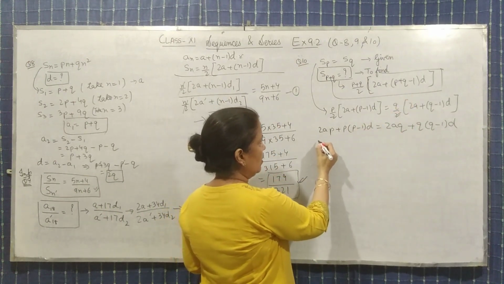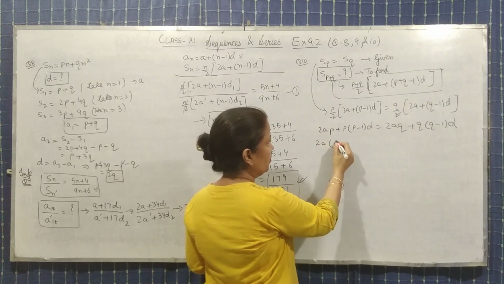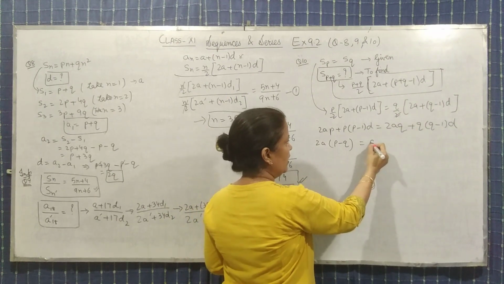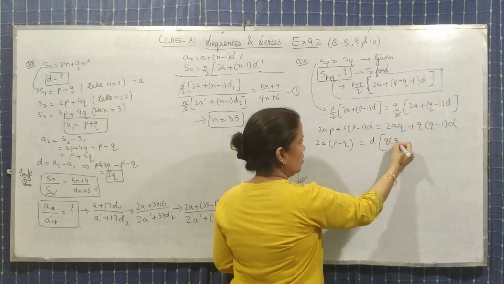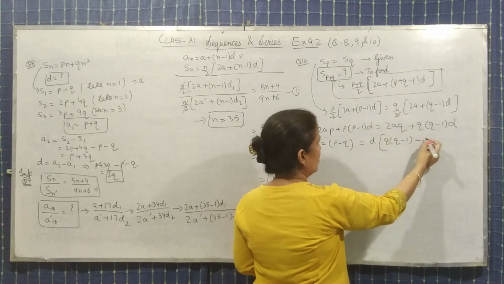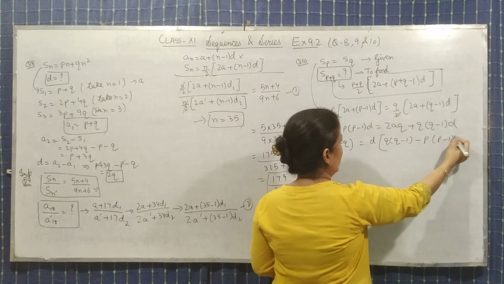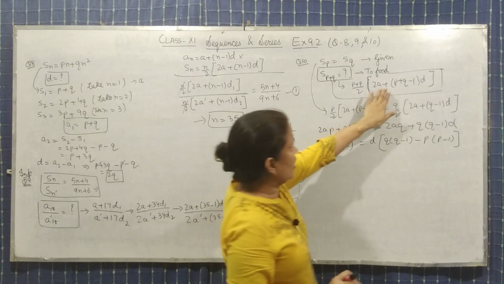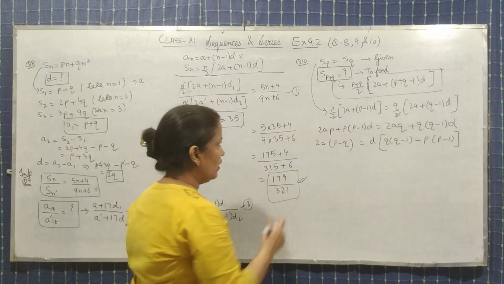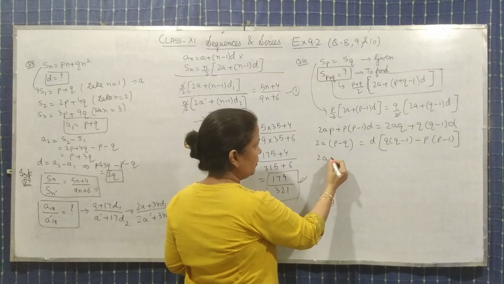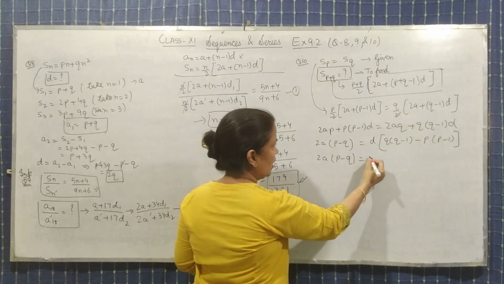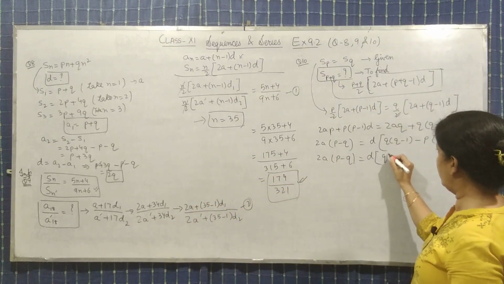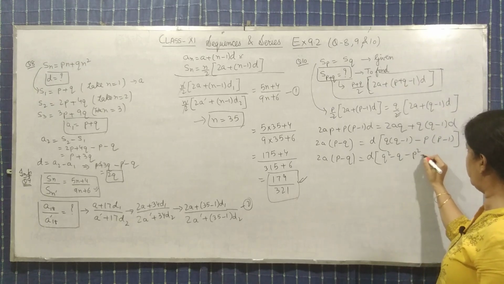So you will get here 2a(p minus q), we will shift this here, and here you will get d common times (q(q minus 1) minus p(p minus 1)), on the other side. Now we have to put the value in the question. Let's go further, keep it as it is. Here we try to solve something: q square minus q minus p square plus p.